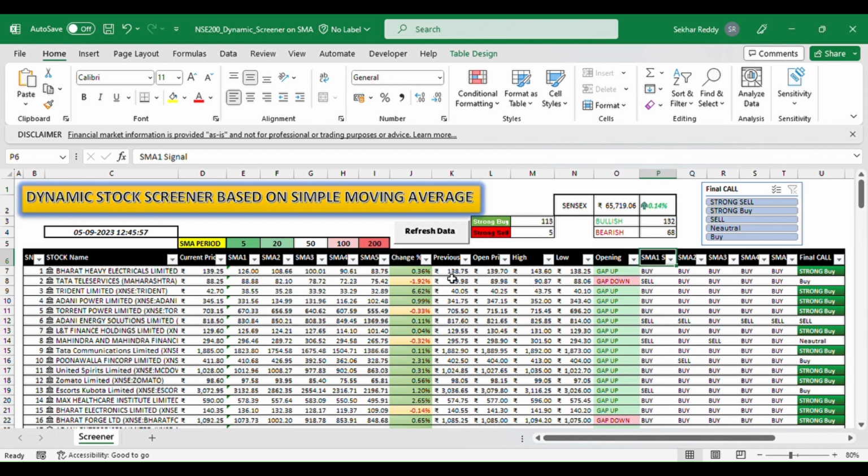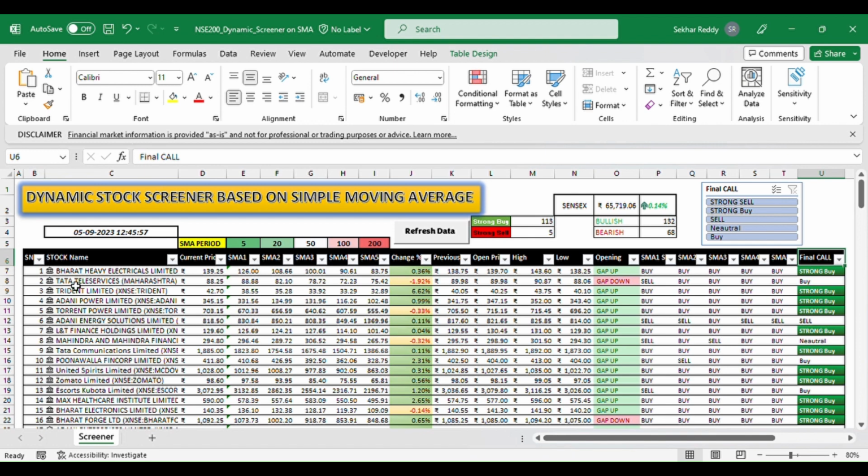Based on those SMA signals, we can have a final call whether it is a strong buy, strong sell, or neutral. If all 5 SMA signals are buy, then the final call would be a strong buy. If all 5 SMA signals are sell, then my final call would be sell.